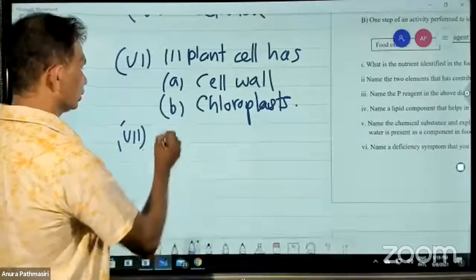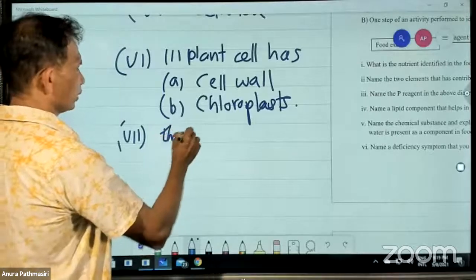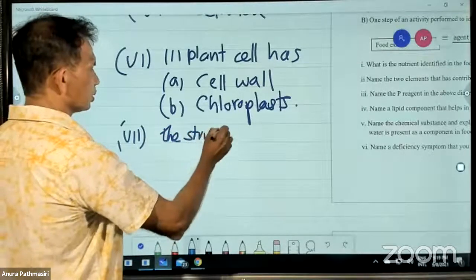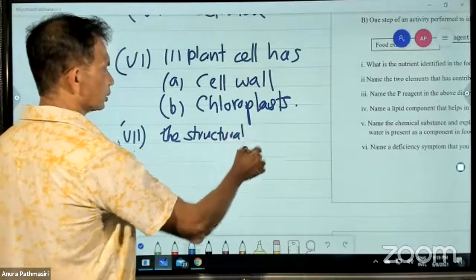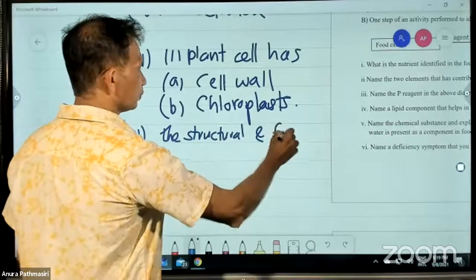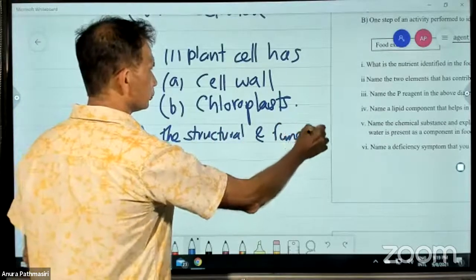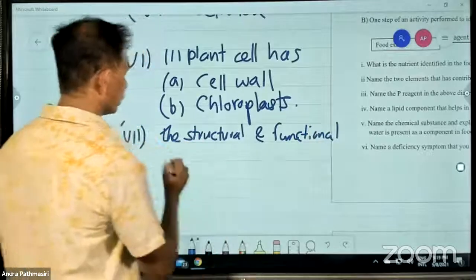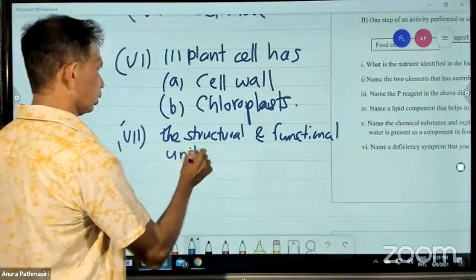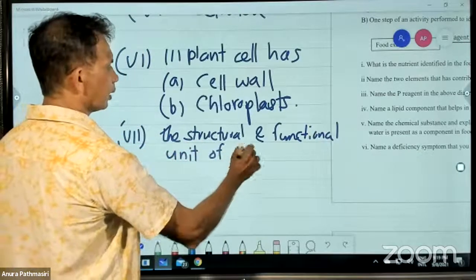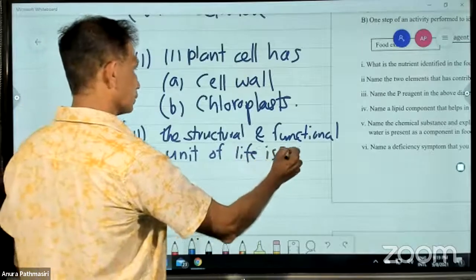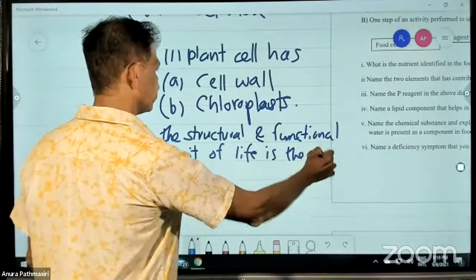The structural and functional unit of life is the cell.